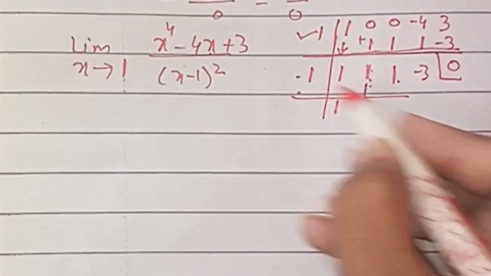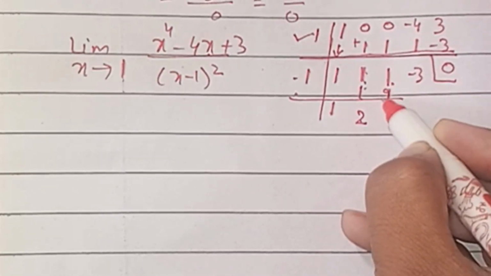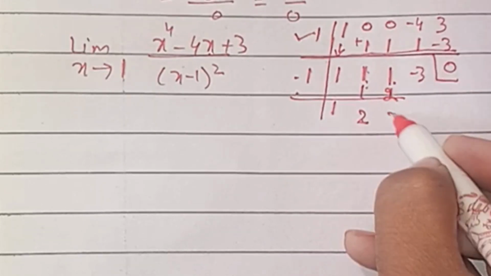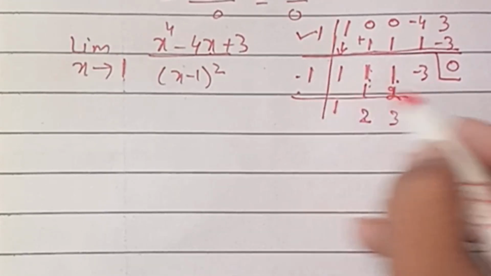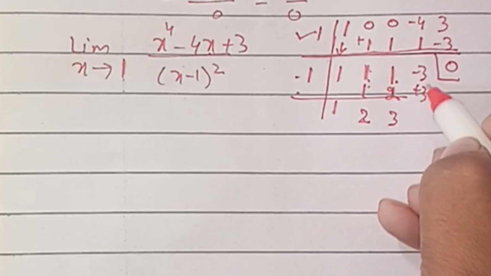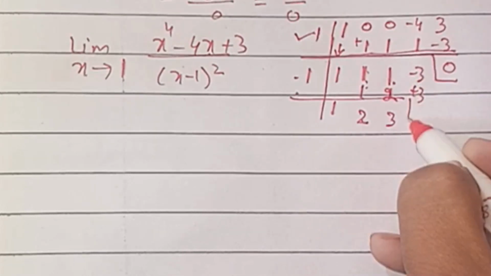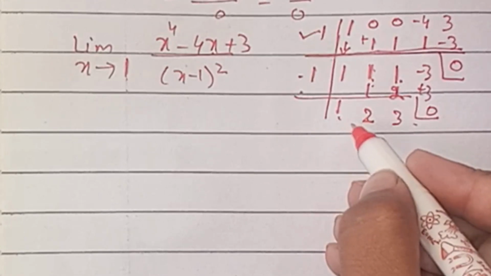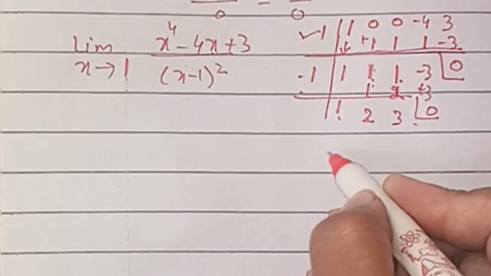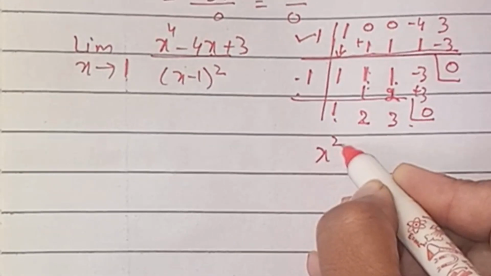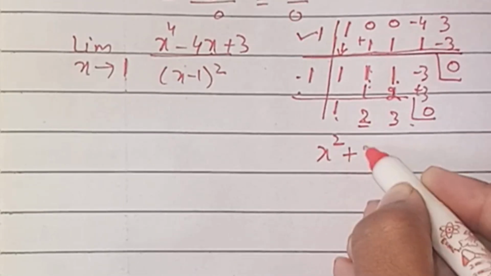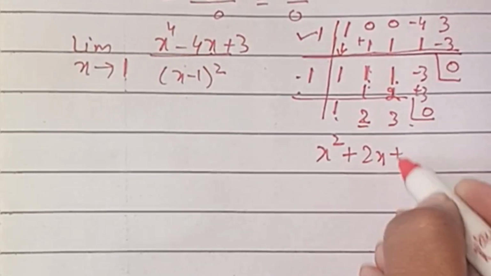Multiply this 2 by 1, we get 2, and 2 plus 1 is 3. Multiply this 3 by 1, we get 3, and minus 3 plus 3 is 0. So now this equation will become a quadratic equation, and we write this as x squared plus 2x, and the last is plus 3.